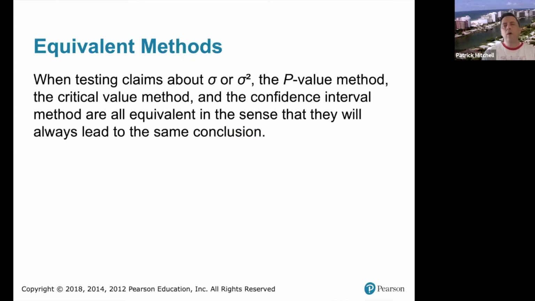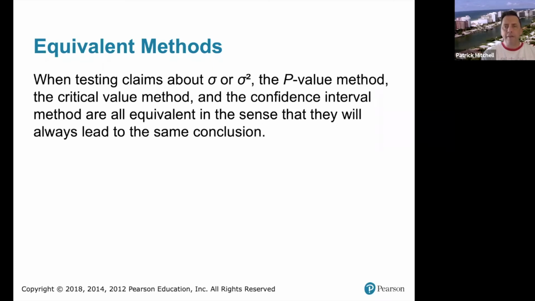All right, so we've talked a little bit in previous sections about the confidence interval method. And we said that it is not equivalent when you're testing a claim about a population proportion. In other words, it can give you a different conclusion. However, if you're testing a claim about a mean, it will always give you the same conclusion. Well, that's also true for testing a claim about a population standard deviation or variance.